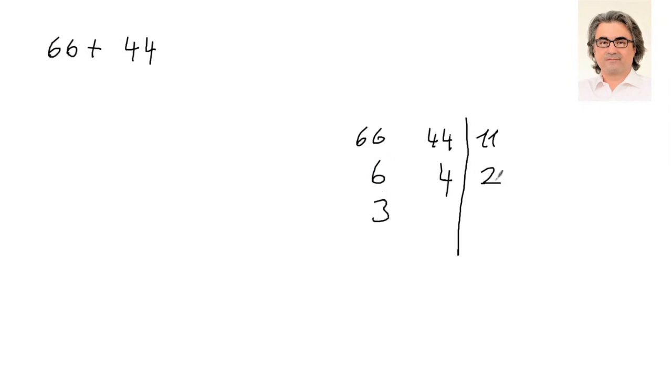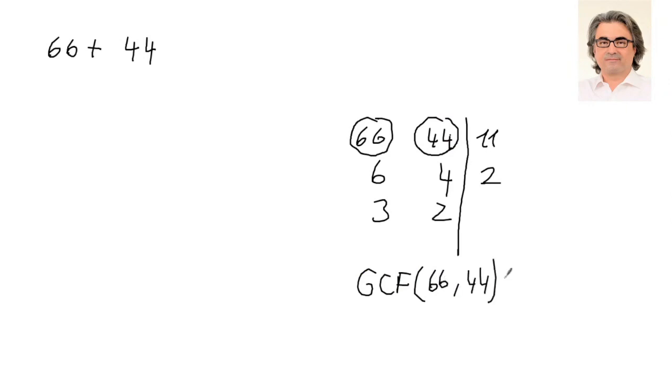Divide 4 by 2, the result will be 2. After that, I reached 3 and 2, which have no common factor other than 1. So if you multiply 11 with 2, you will get the greatest common factor of 66 and 44. The greatest common factor of 66 and 44 is 11 times 2, which is equal to 22.